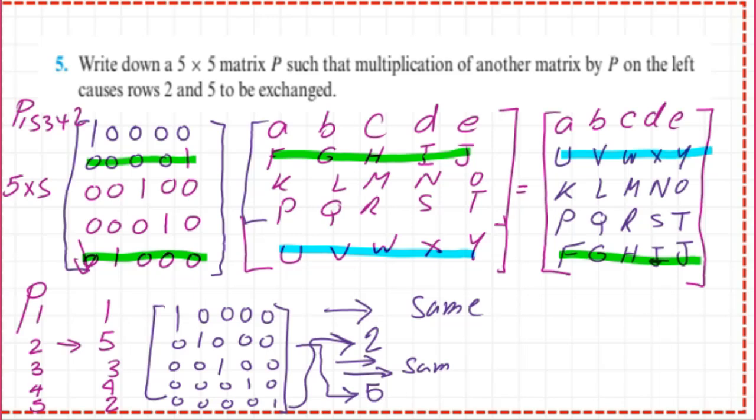Placing 0, 0, 0, 0, 1 will bring the last row to the second position. The third row remains, the fourth row remains, and the second row will come to the end, becoming the fifth after multiplication.